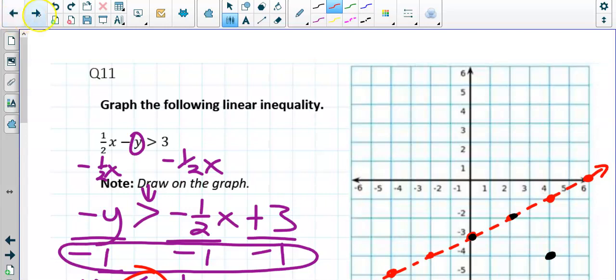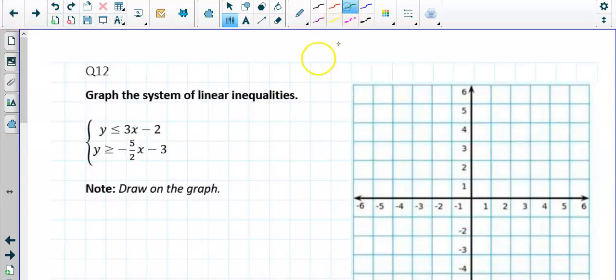They're ready to go. So, up here, what is your m in this equation? Negative what? Positive 3. 3 over what? 1. What's the 3 tell us to do? I'll get to that.